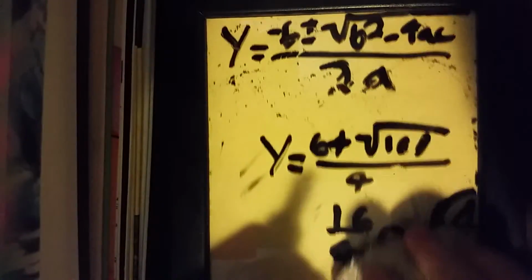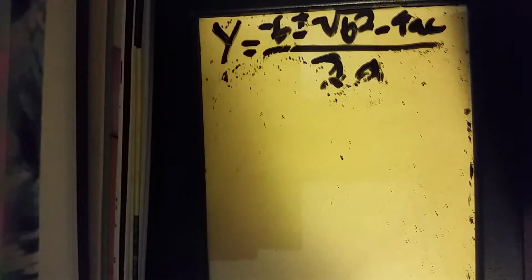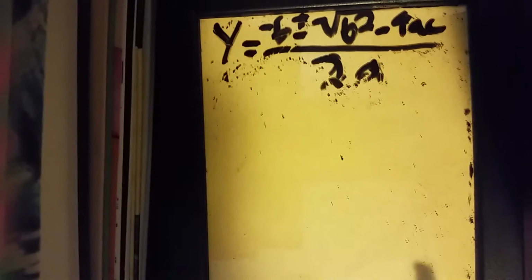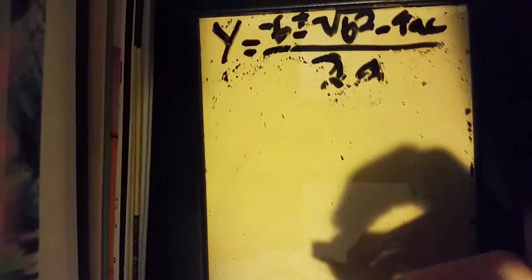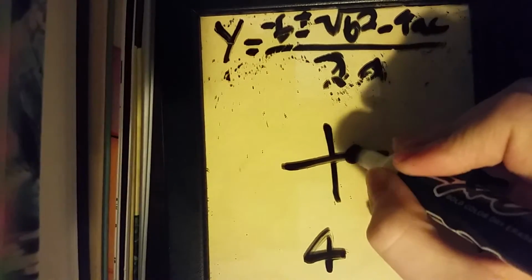But since we could split it up, we would be able to get 2 roots for your graph. And the roots are your x-intercepts. So after you get the roots, since we got 4 for the graph, this is going to be a sketch, it would be 4, 0, and it would be here.